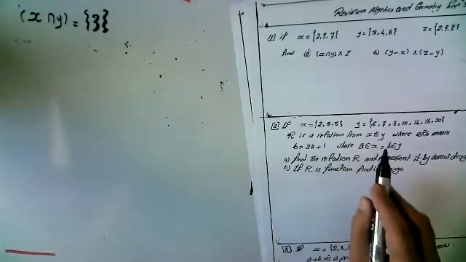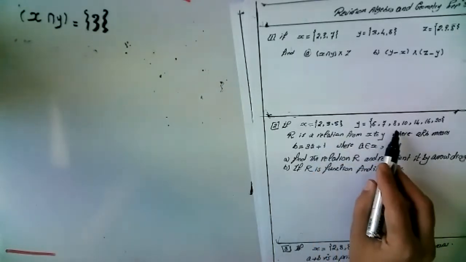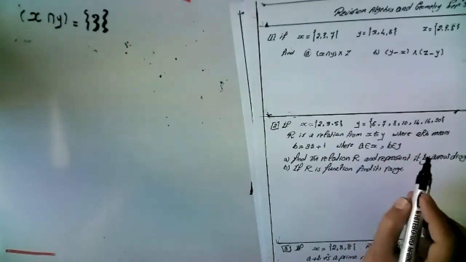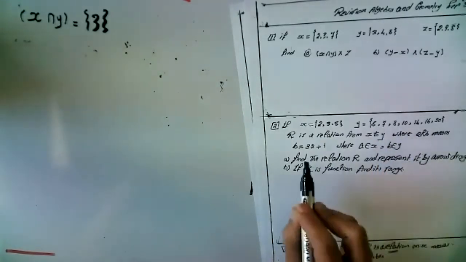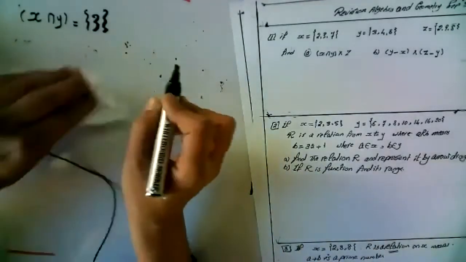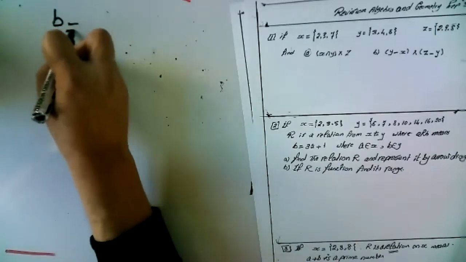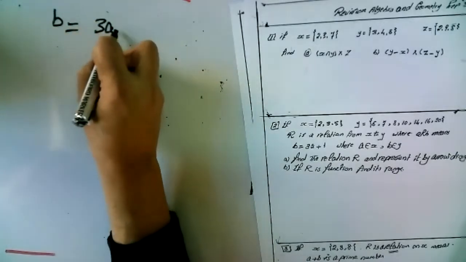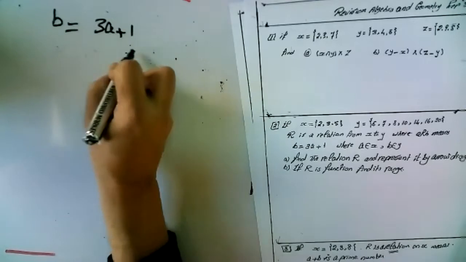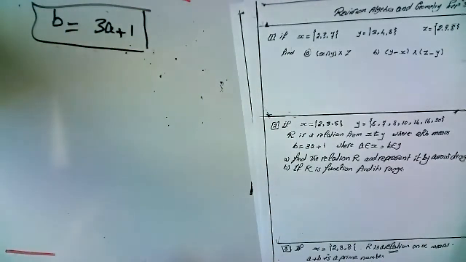R is a relation from x to y. There is a relation between the elements of the set x and the elements of the set y. The relation means b equals 3a plus 1. This is the relation between the elements of the set x and the set y.